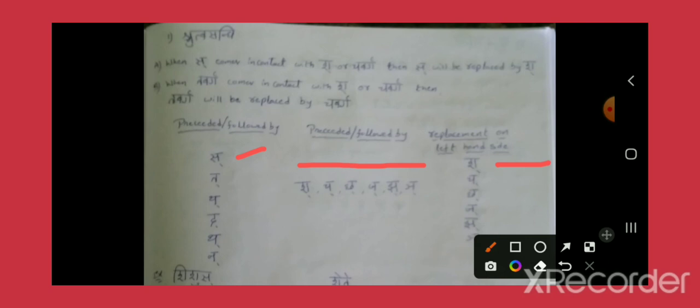This is the first case. And what is the second case we have discussed? When tavarga letters come in contact with shakara or chavarga letters, then the left hand side replacement, the respective tavarga letter will be replaced by the corresponding chavarga letters. This is the definition. Now we'll see that with examples.